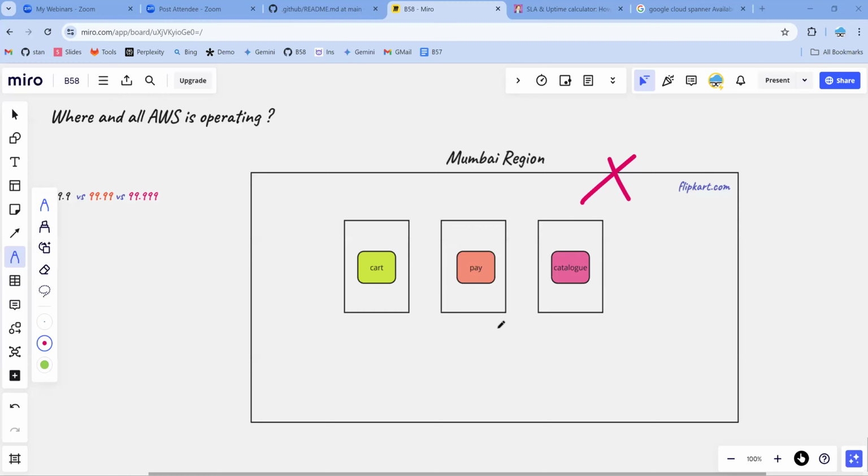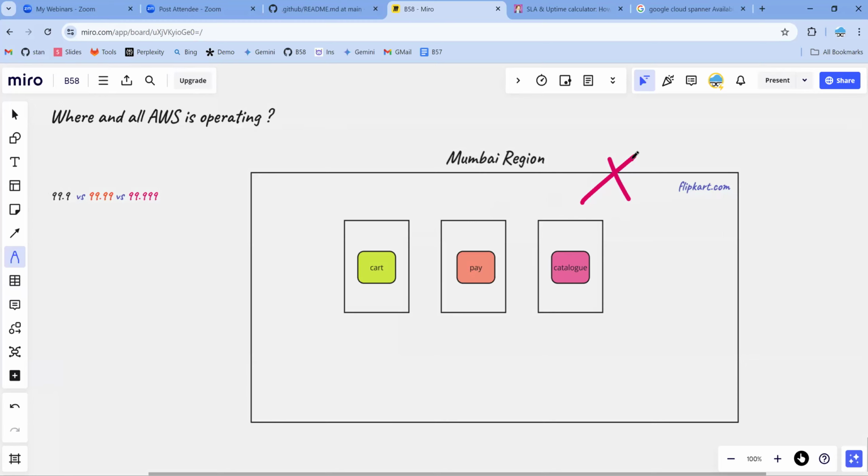What will happen to all the customers and applications running on this particular region? Not work. Everything will be down, which will be a huge loss to the company.